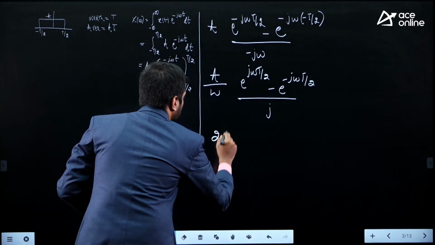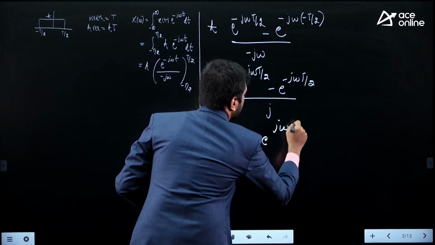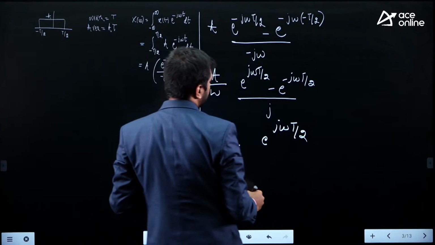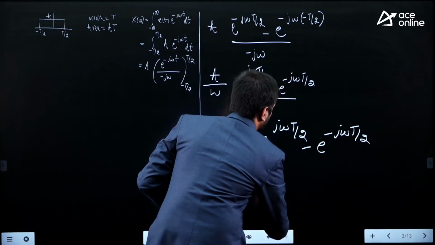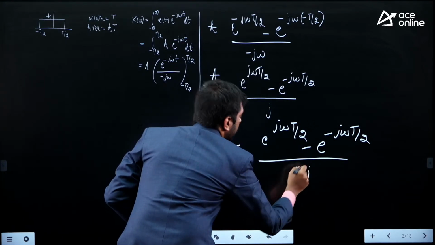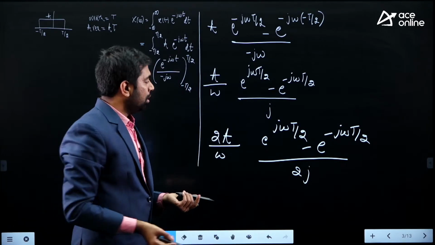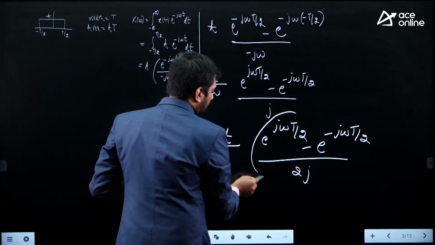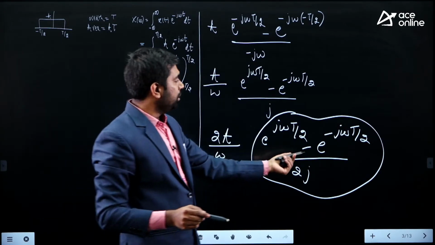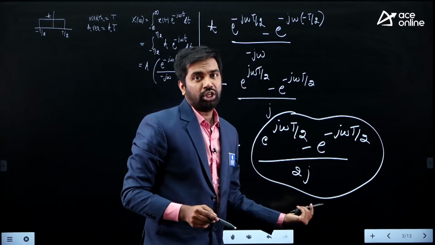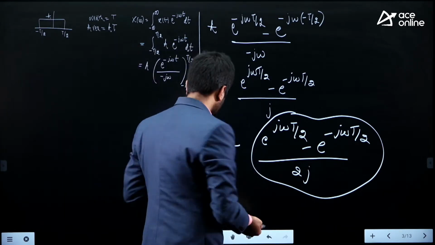So 2A by omega times e power j omega T by 2 minus e power minus j omega T by 2, whole divided by 2j. The interesting part is this highlighted part is e power j theta minus e power minus j theta by 2j. This is nothing but sine theta.